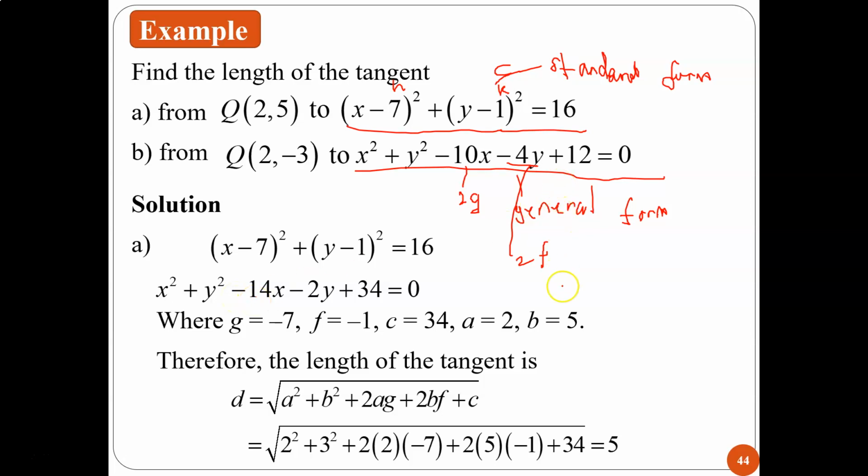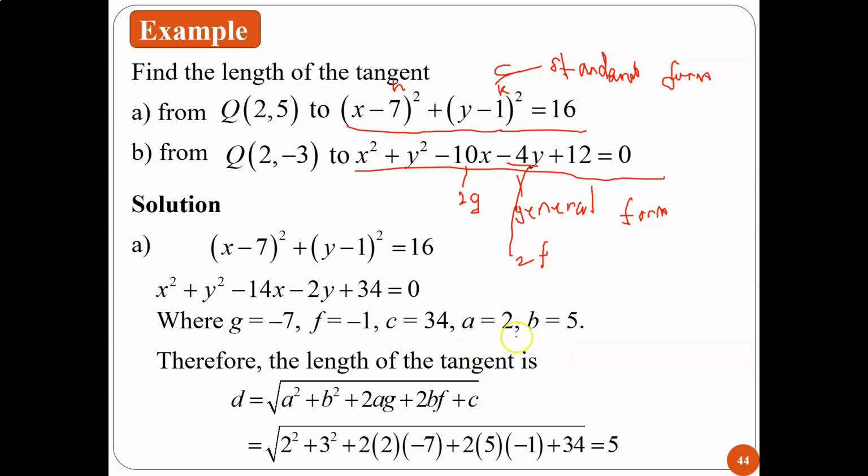Bila you refer the general form of equation, this is plus 2gx, kan? So you know that your G is actually equal to negative 7. Negative 14 ni compare dengan positive 2G, and negative 2y ni compare dengan positive 2F, so you get negative 1, and this whole thing over here will become your C. So you know that your a equal to 2 and your b equal to 5.